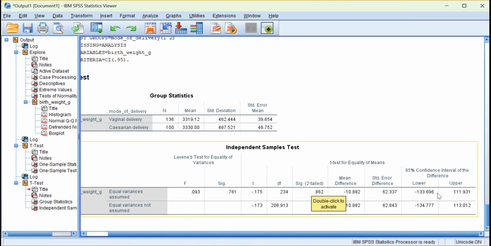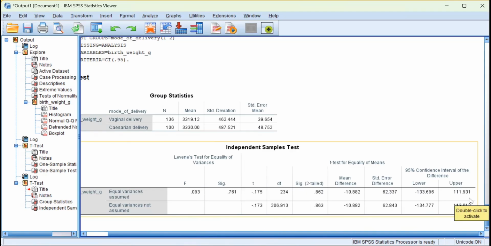This is negative 133. If you have to draw a number line, remember the number line from 0, you have to draw a number line from this negative 163 to 111. You will pass through 0, right? It means that your data is not significant.